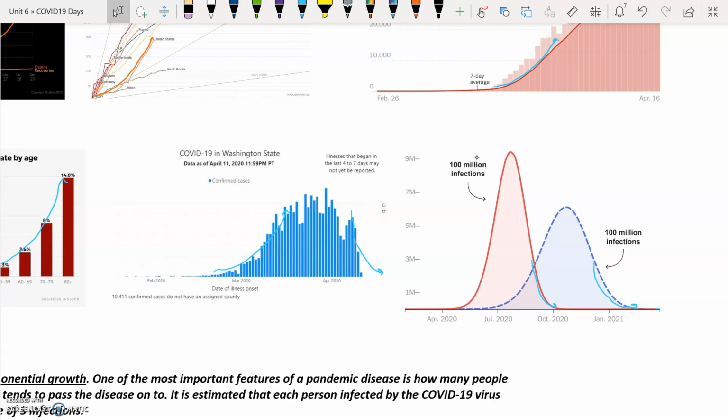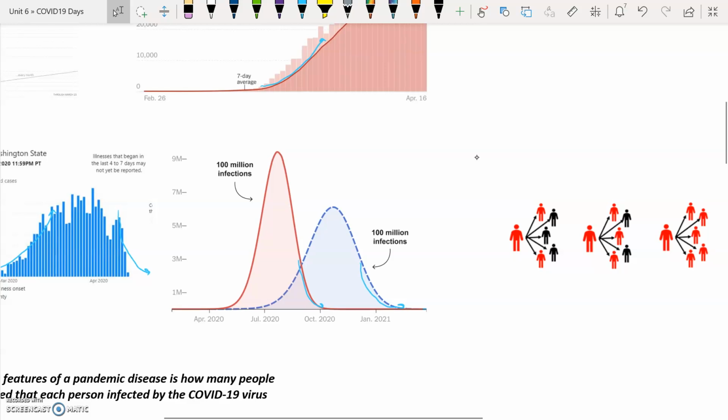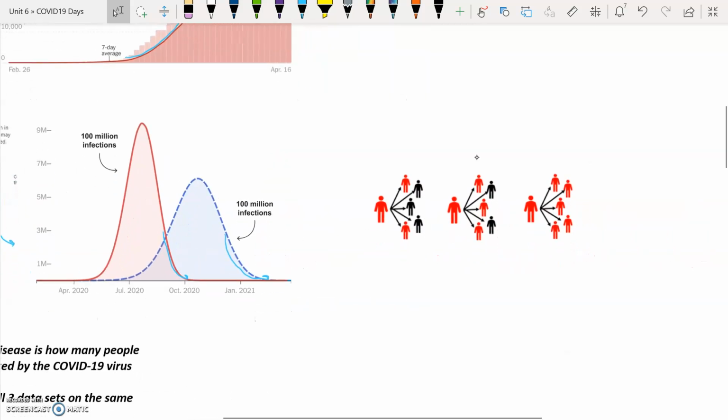I know that there's a lot of talk about, I'm going to switch to this one, a lot of talk about how this COVID-19 is similar to the common flu and no worse than the common flu. But what I wanted to talk about is that the common flu, just by the nature of it, is an endemic disease and already has a very flat curve.